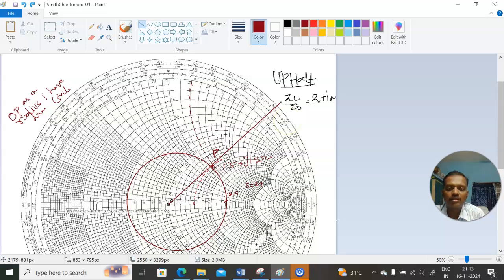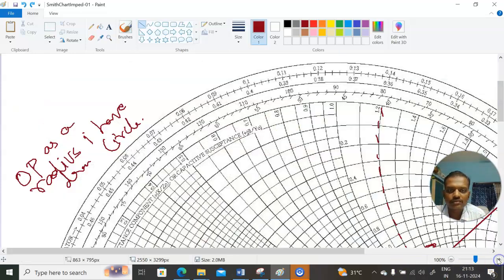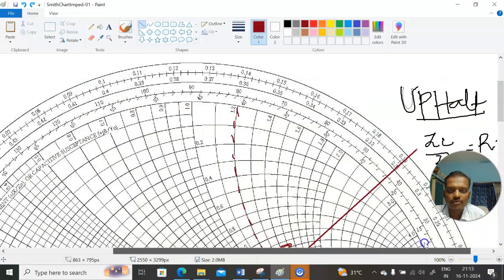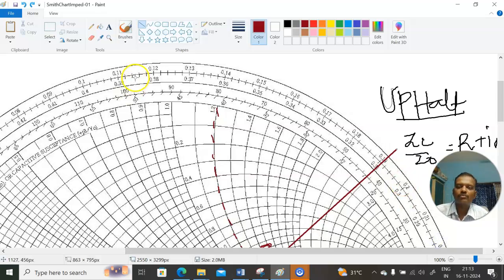It almost intersects the outermost wavelength scale at 0.019 lambda.